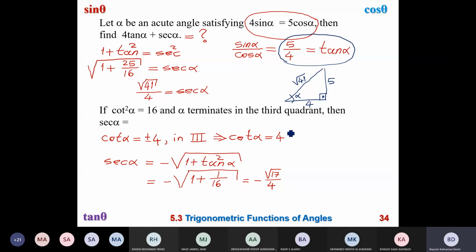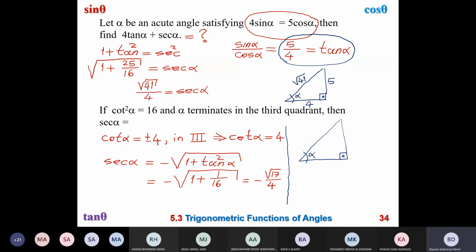And in this one, Shabab, again, let's sketch a triangle because I know cotangent alpha is 4.